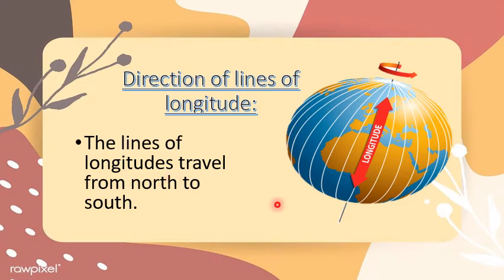It means the lines which are traveling from here to here or here to here are called lines of longitude and they are also called meridians. And how many meridians are there? There are 360 meridians on the globe and the direction is north to south or south to north.